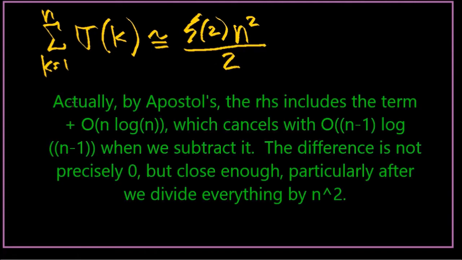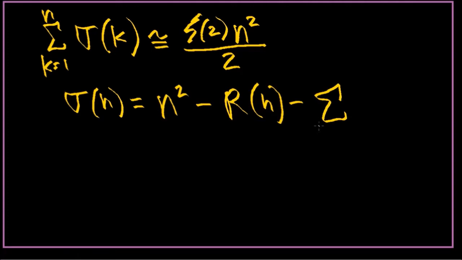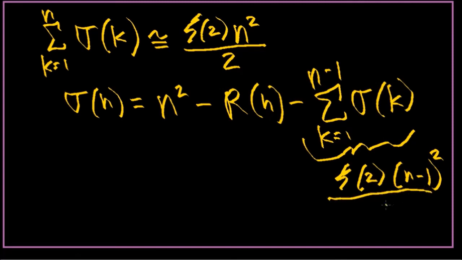So we can take our expression for sigma n, which equals n squared minus r of n minus the sum from k equals 1 to n minus 1 of sigma k. And so that is going to be on average order zeta 2 times n minus 1 squared over 2.